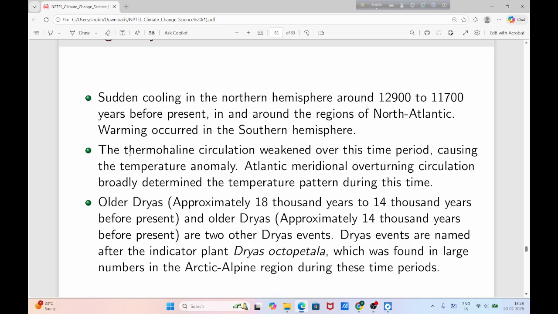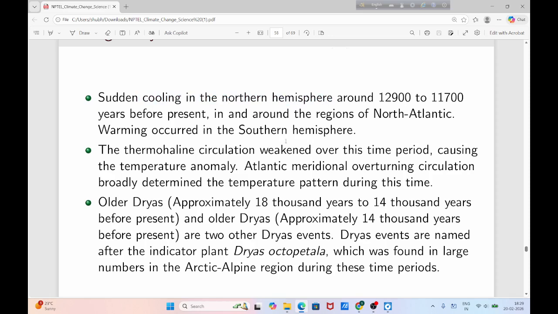Now, if the thermohaline circulation is weak, then the amount of heat that will go from the equator to the North Pole will decrease. If the heat transported towards the Northern Hemisphere decreases, then of course the temperature will drop. That's why we can see cooling in the Northern Hemisphere around this time period.